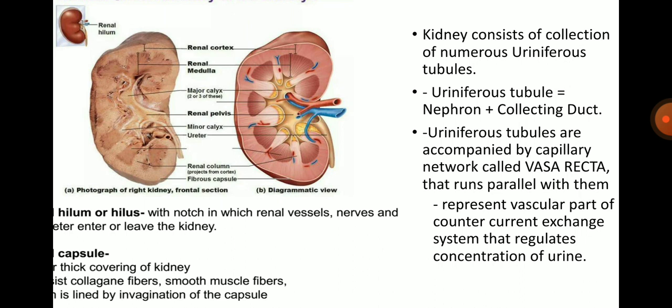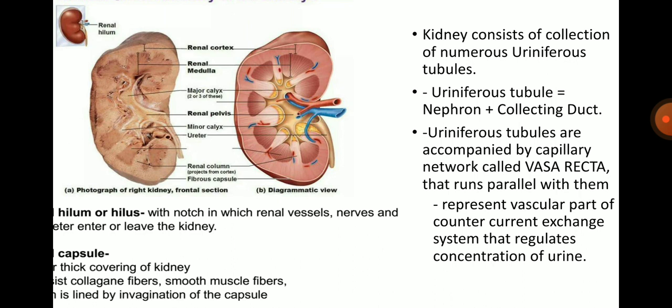The broad base of each pyramid faces toward the cortex and its apex or papilla points internally. The pyramids appear striped because they are formed almost entirely of roughly parallel bundles of microscopic urine collecting tubules.